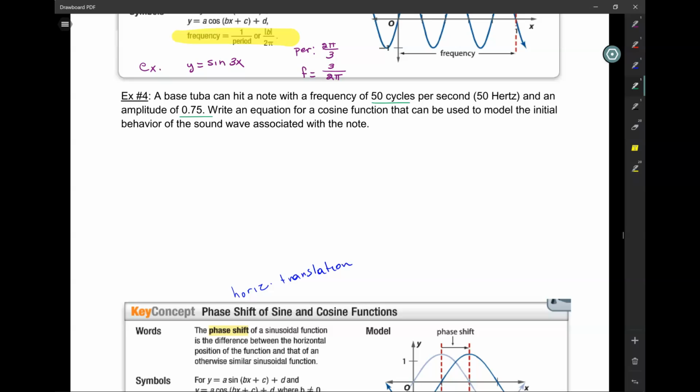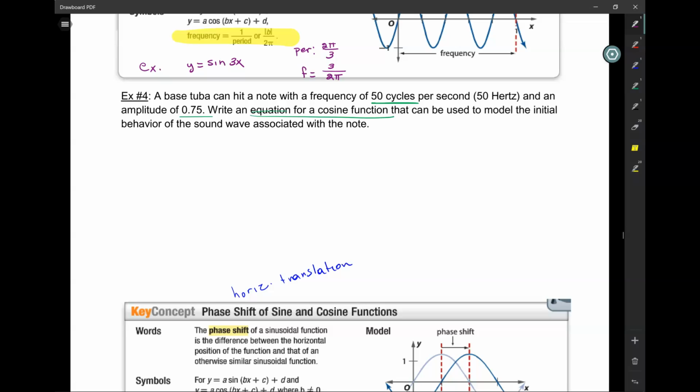So this instrument can go to 50 cycles per second, that's the frequency, with an amplitude of 0.75. It says to write an equation for a cosine function that can be used to model the initial behavior of the sound associated with this note.